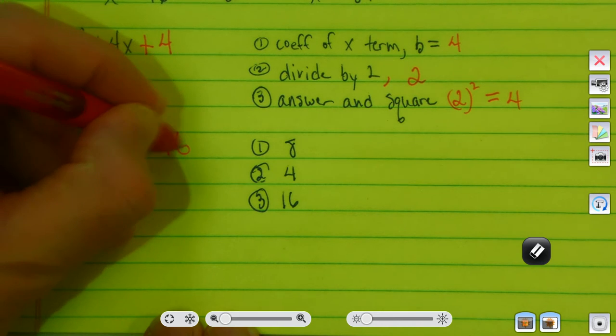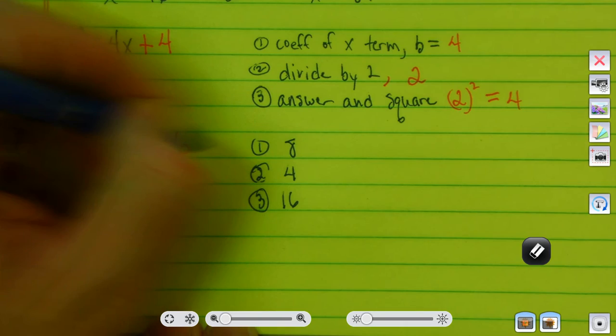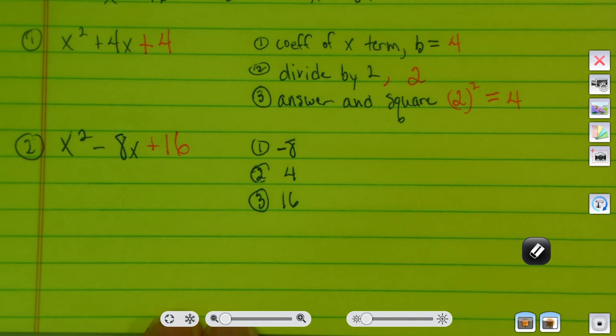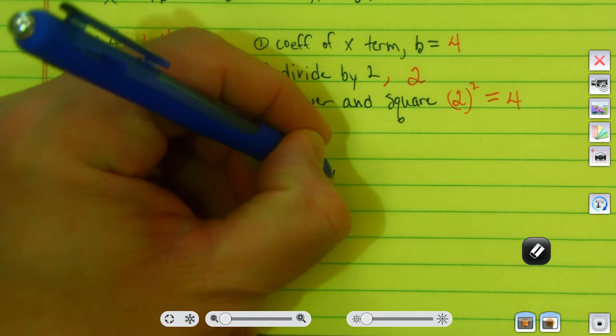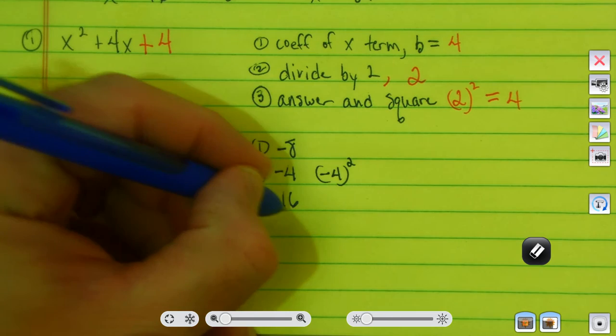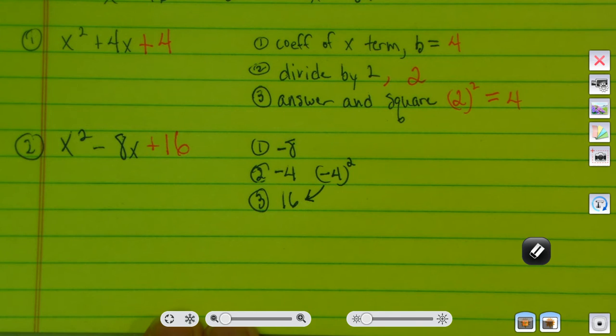So when I complete the square, we'll add a 16. I should mention to you that the b term is actually negative 8, and so that would be negative 4. But when I square negative 4, it becomes positive 16. And every time I complete the square, it will be a positive answer because I will have had to have squared it to get that.